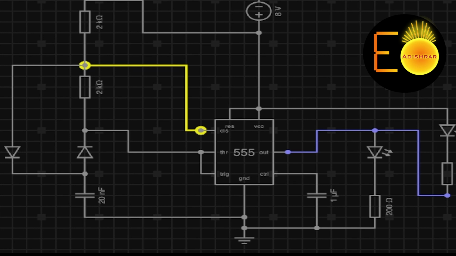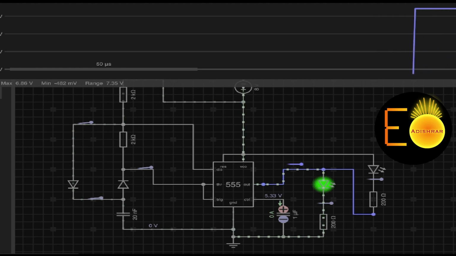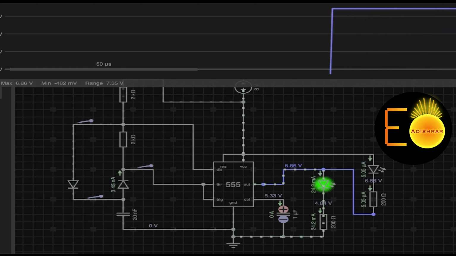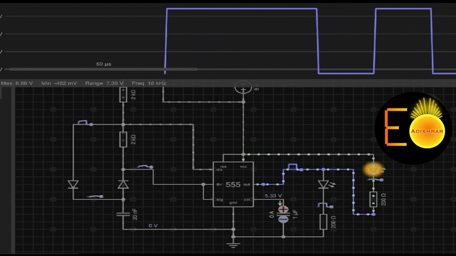So that's why it will discharge through this one. And this diode will ensure that no current from the capacitor passes in this direction. Now if I run the simulation, you can see this is the transient state, this is the transition, so just ignore this state.